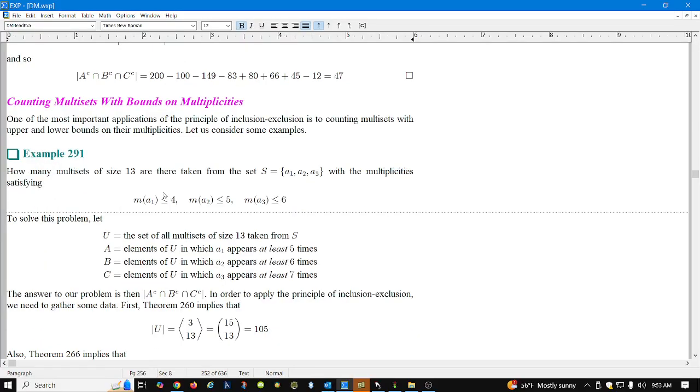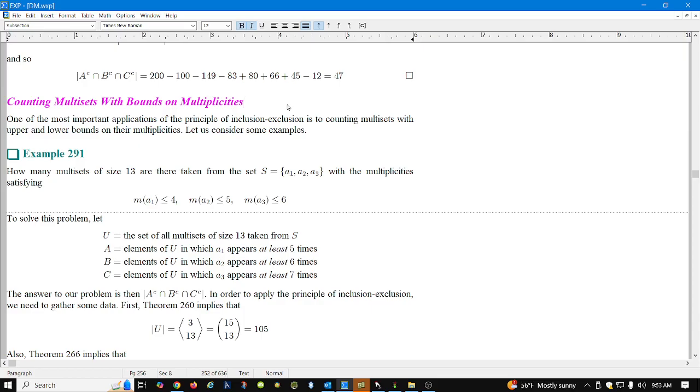Okay, back to mathematics. One of the most important applications of the principle of inclusion-exclusion is to counting multisets with upper and lower bounds on their multiplicities.